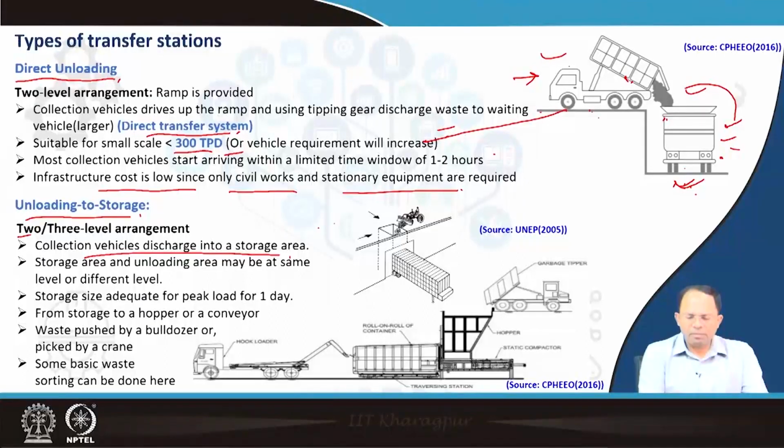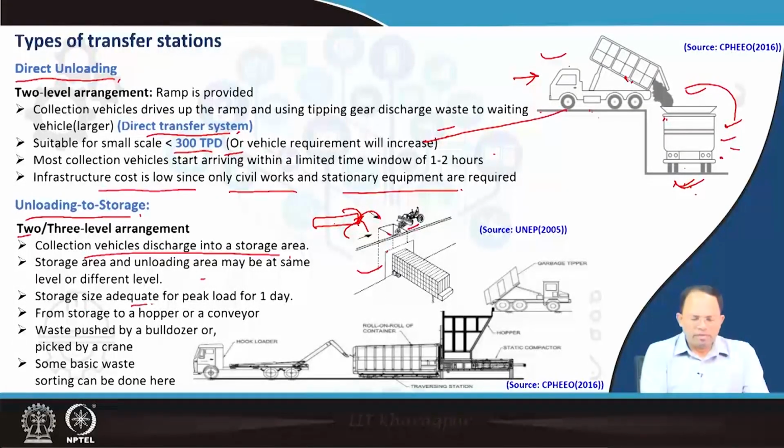Suppose collection vehicles come and they discharge into this particular area, where garbage is stored. The storage area and unloading area may be at the same level or different levels. If at the same level, you have to lift it into the vehicle, or we can use some bulldozers to lift the garbage into the vehicle. Or it could be at a different level, where we can push the garbage using loaders into the container which is at a lower level. So this kind of system can be there.